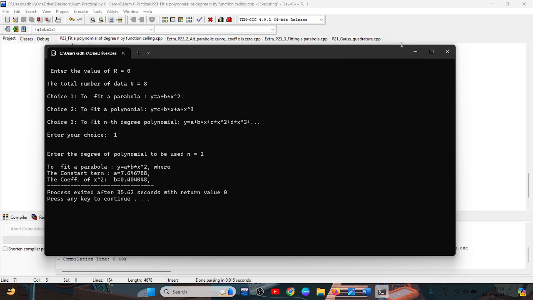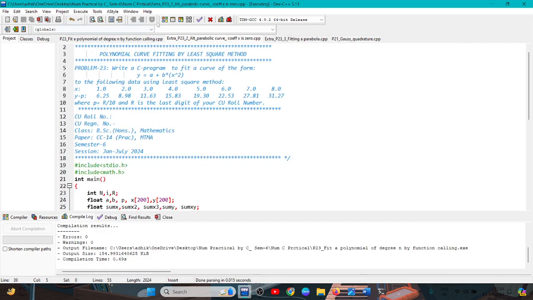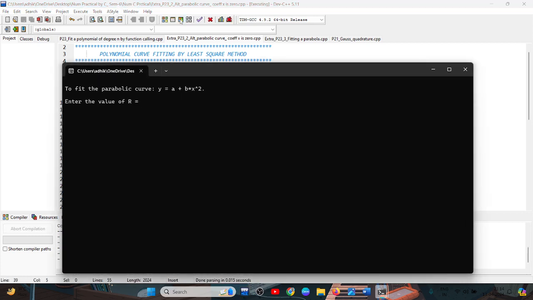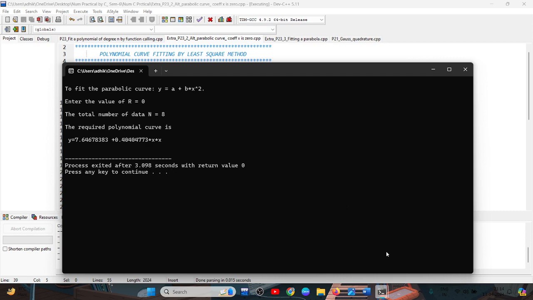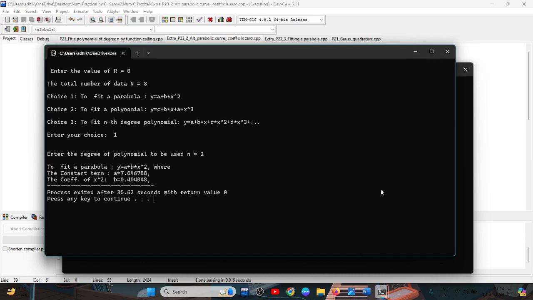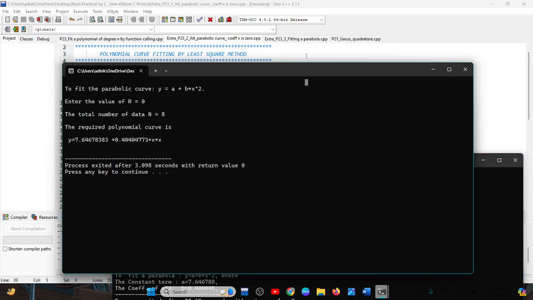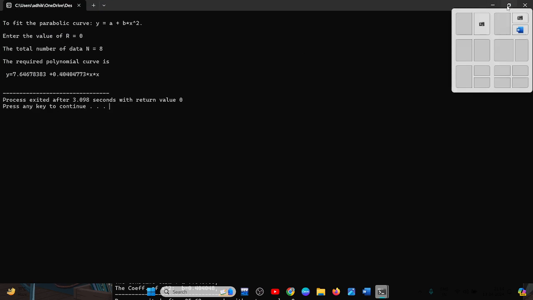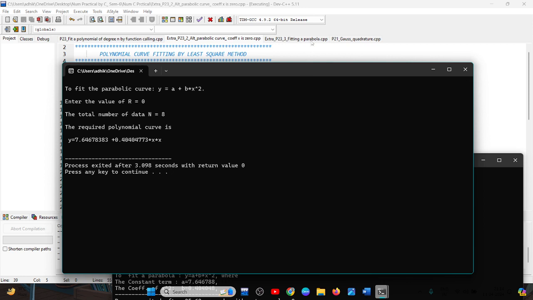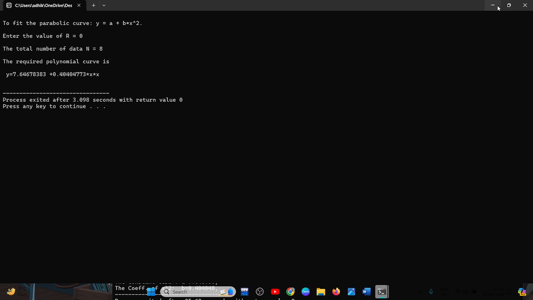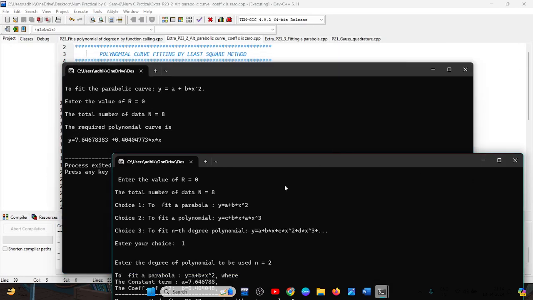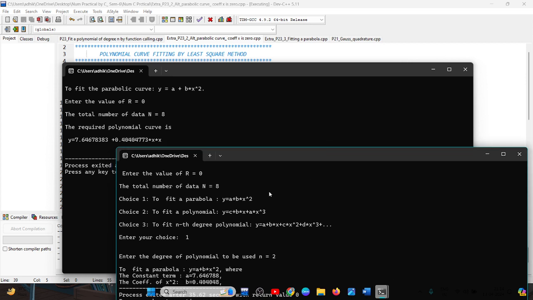Compare with the previous program for this same problem: the constant term a equals 7.64678383, and the coefficient of x square is 0.404048 here, also 0.40404773.